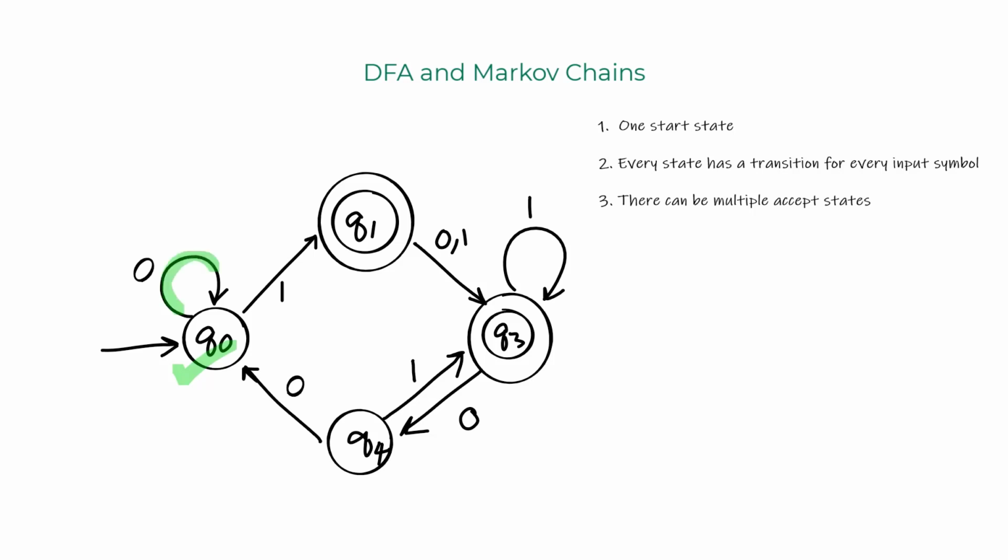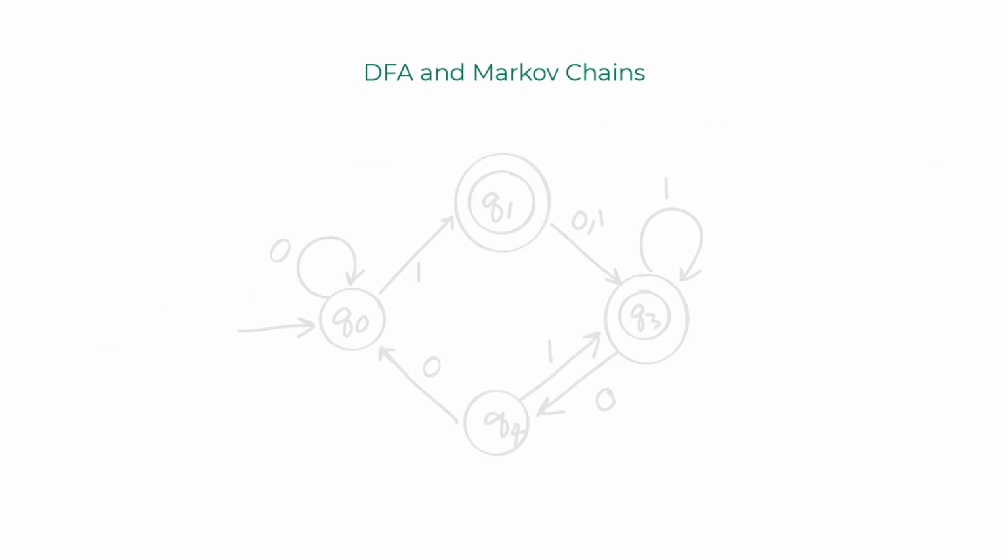The next step is to check if every state has a transition for all the input symbols. I just verified for Q0, Q1, Q3, and then for Q4, even Q4 has transitions for 0 and 1. Perfect, so that is checked. I forgot to tell you, a DFA can have multiple accept states. So that's correct as well. So this is a valid DFA.